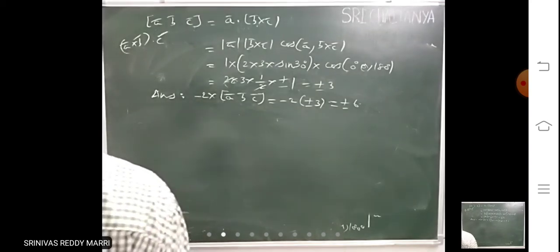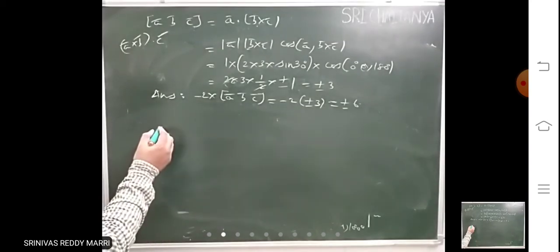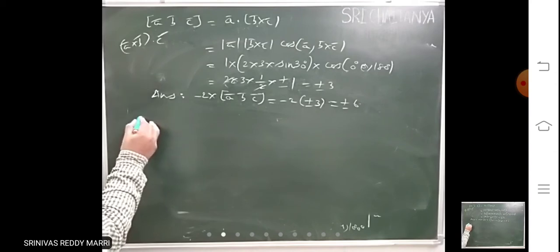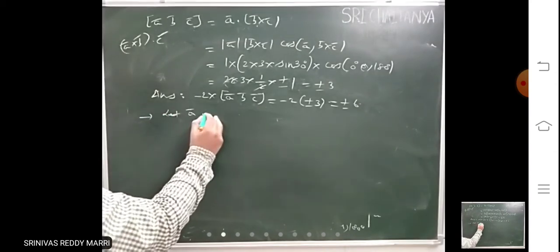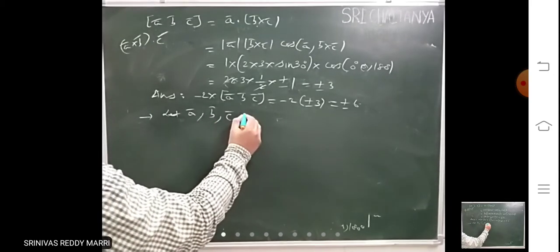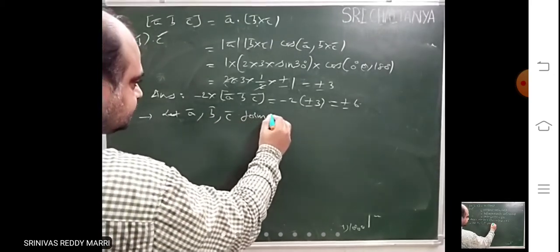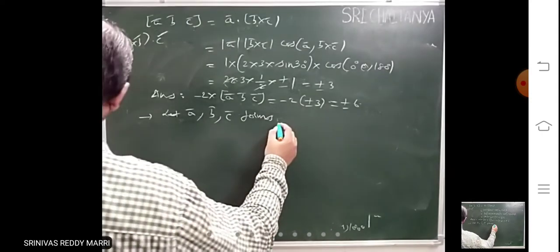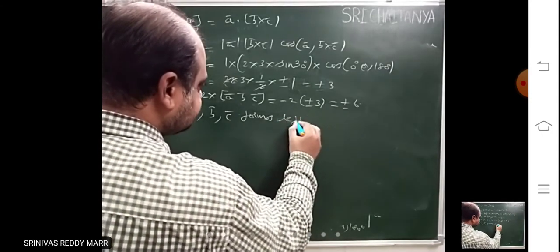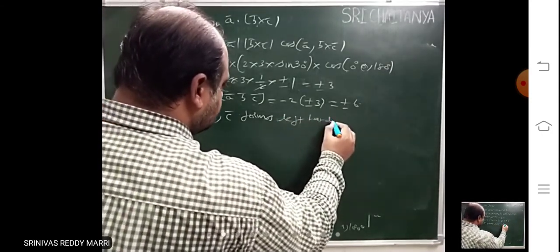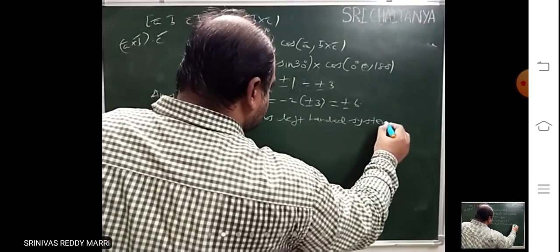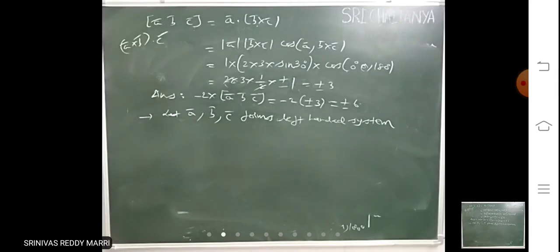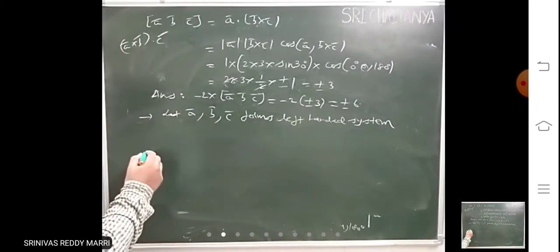So look at the next problem. Let A bar, B bar, C bar form a left-handed system. They are forming a left-handed system of vectors.